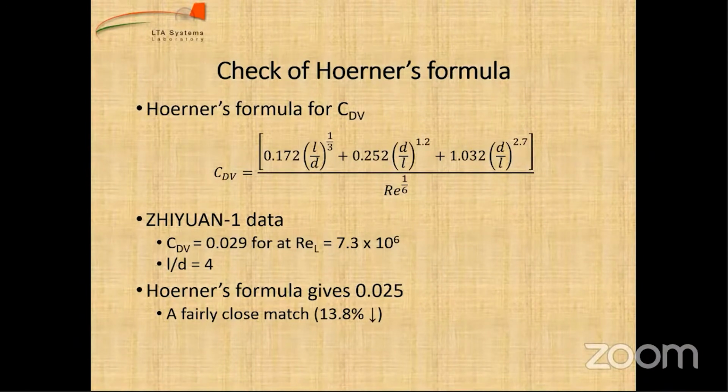And Xeon 1 airship's L by D is 4. So in this formula, substitute L by D as 4 and Reynolds number as 7.3 into 10 power 6. What CDV value do you get? Can you calculate and give me the answer?